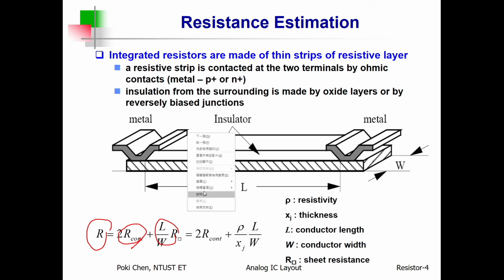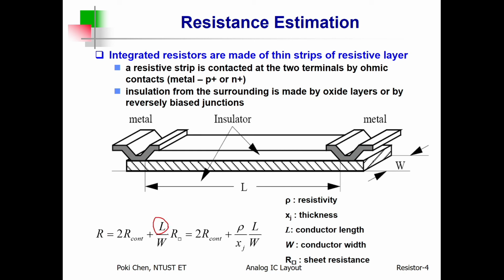So it depends on not only the length, okay, it is proportional. The resistance of the main resistor is proportional to the length, but reversely proportional to the width. And then this is the so-called sheet resistance. Later I will explain. Okay?